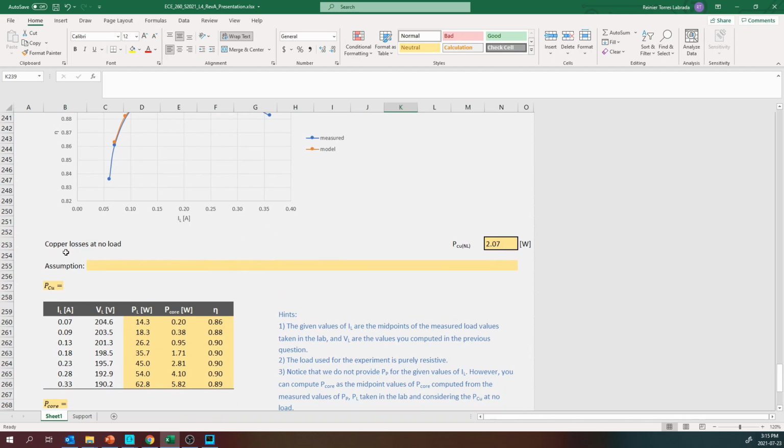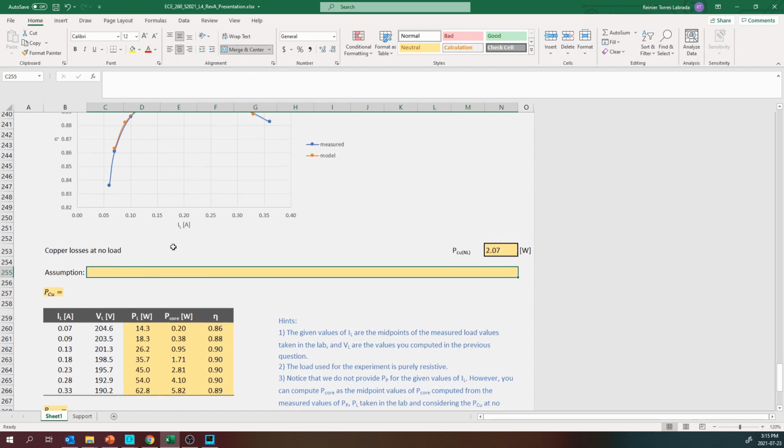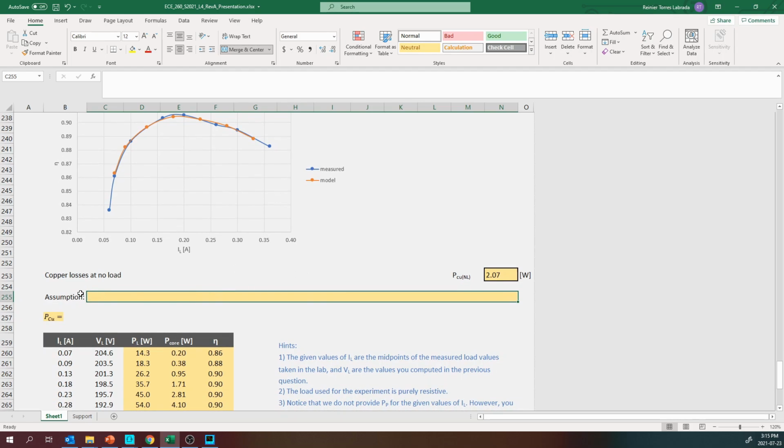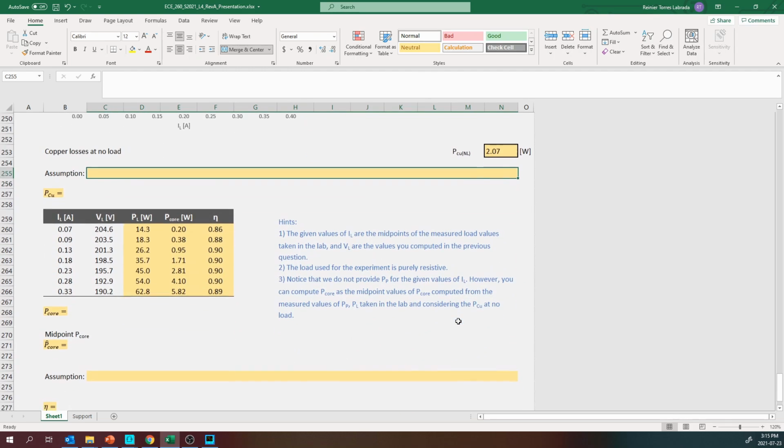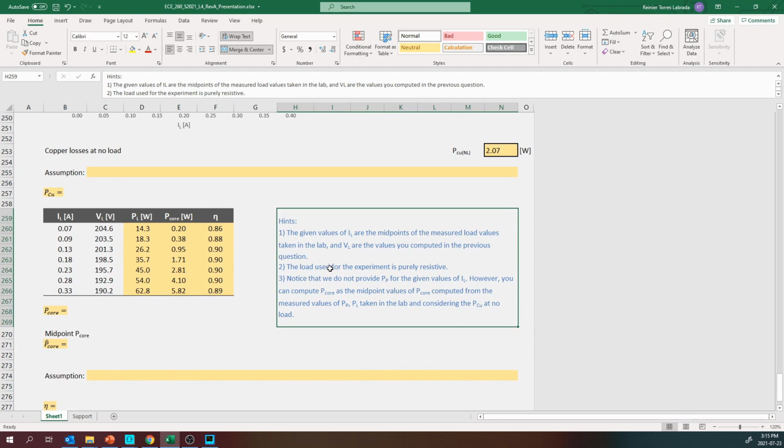One of the first things you need to do is to find the copper losses at no load, and there's an assumption from which we can do that, right? So you need to find the PCU at no load, and these hints are very important. They are critical.